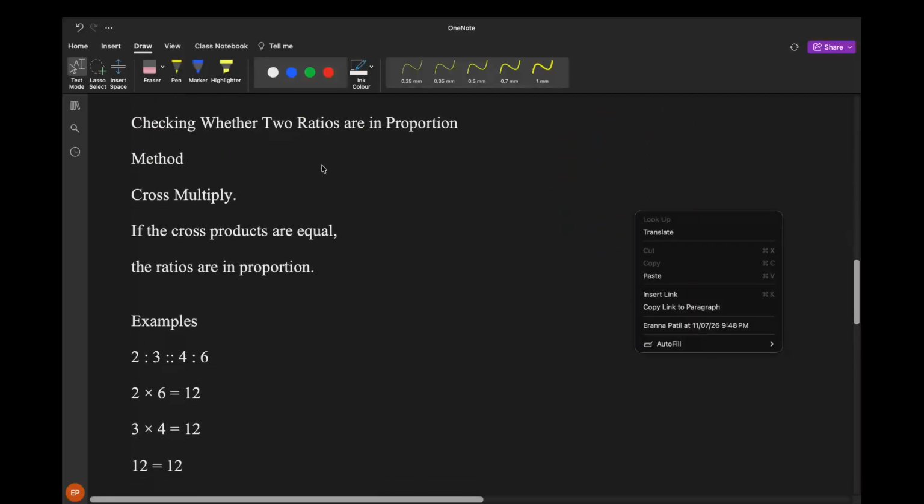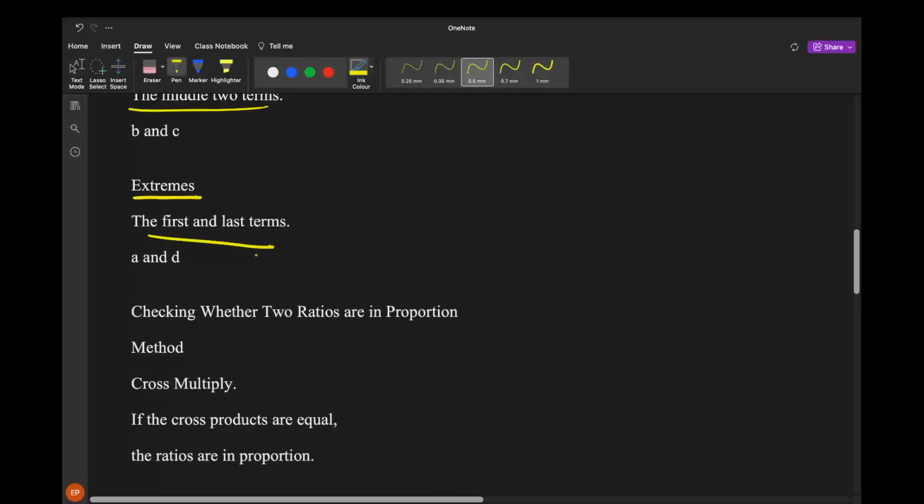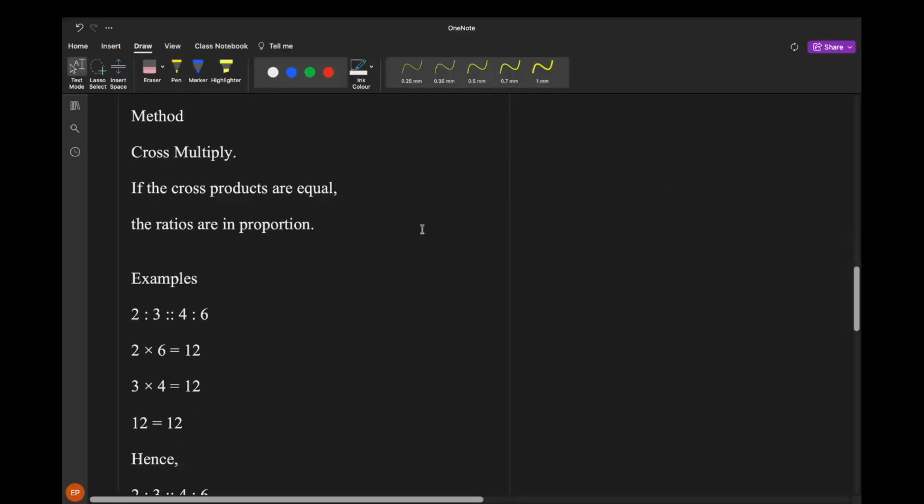And we can check whether the given proportion has two equal ratios or not. Check whether two ratios are in proportion. We will use cross multiplication. If I give 2 is to 3 proportion to 4 is to 6, and we want to verify whether the given proportion is correct or not, we have to cross multiply. 2 is to 3 can be written as 2 by 3, and 4 is to 6 can be written as 4 by 6.